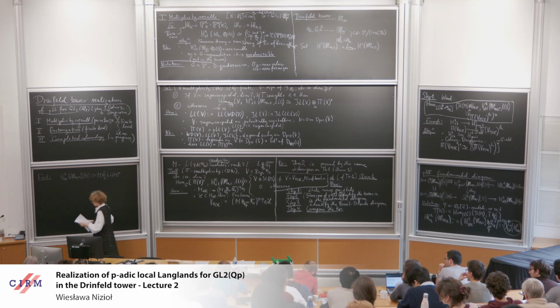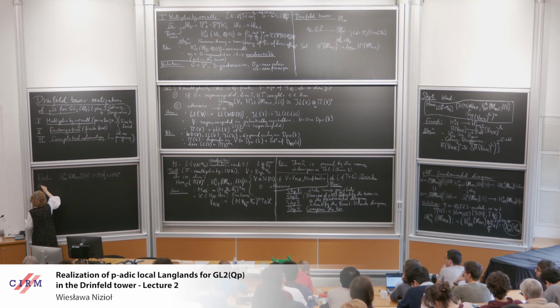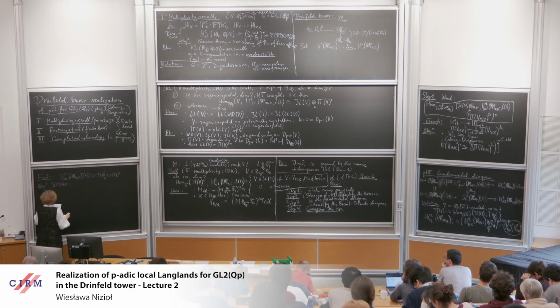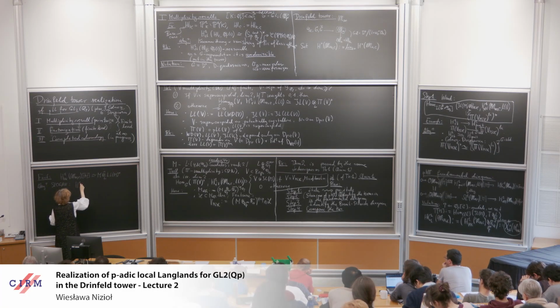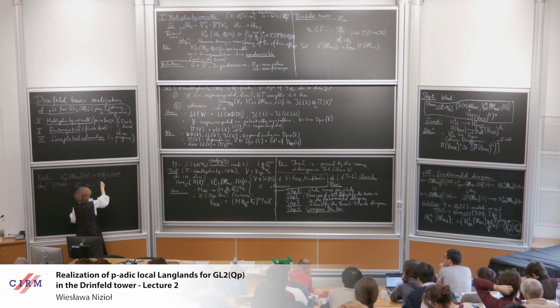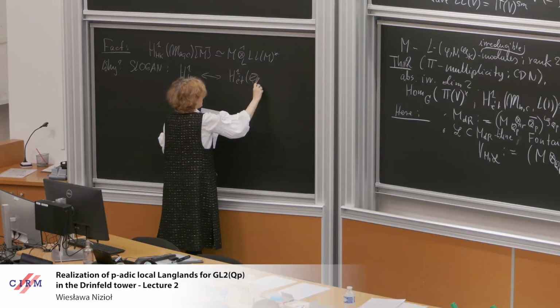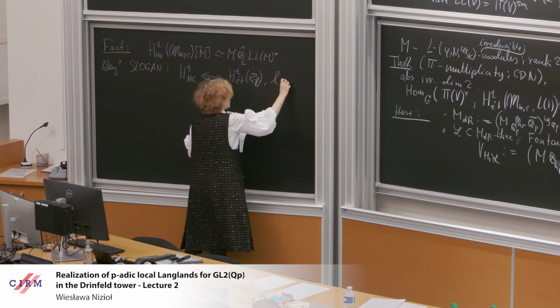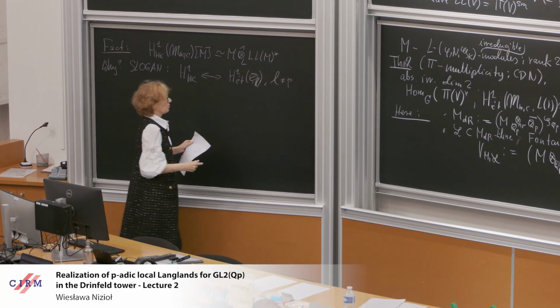So why? Remember, yesterday I listed a number of slogans, and one of them was that Hyodo-Kato cohomology now behaves like etale cohomology. Well, it should in general, but in this particular case we can actually prove it.